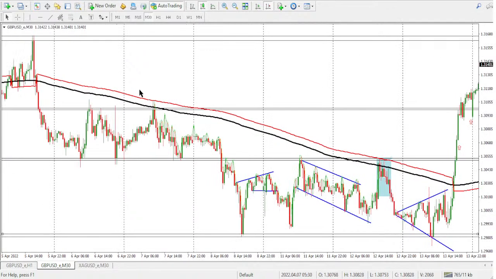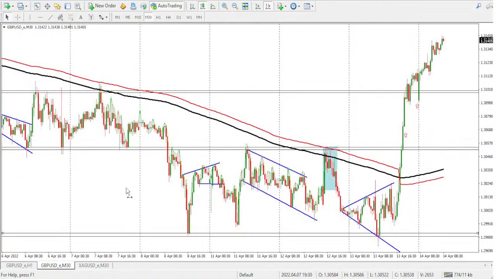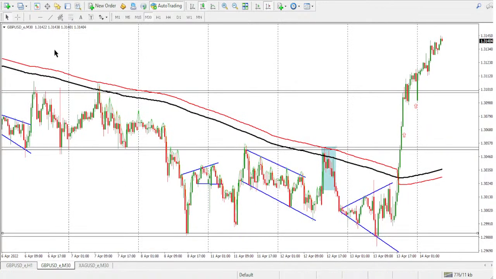And then this here is also some very good shape, like that. Then we have a shape here.